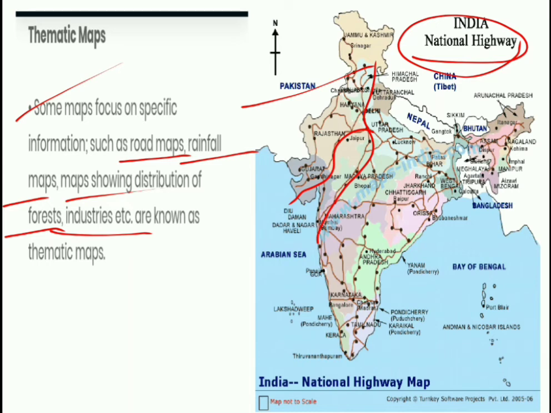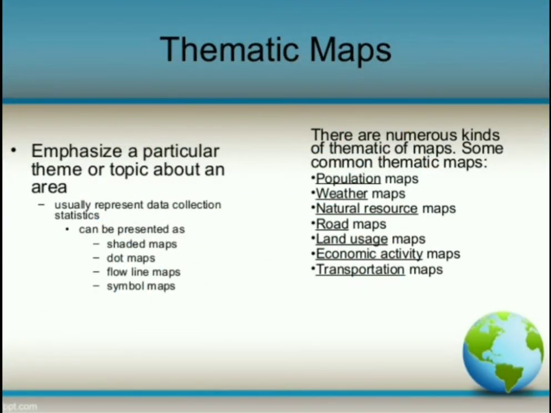Again I am going to read about thematic maps. Some maps focus on specific information such as road maps, rainfall maps and maps showing distribution of forests, industries, etc. and are known as thematic maps. In the next upcoming class we will get more information about maps. Now, a few points related to thematic maps. They emphasize a particular theme or topic about an area.